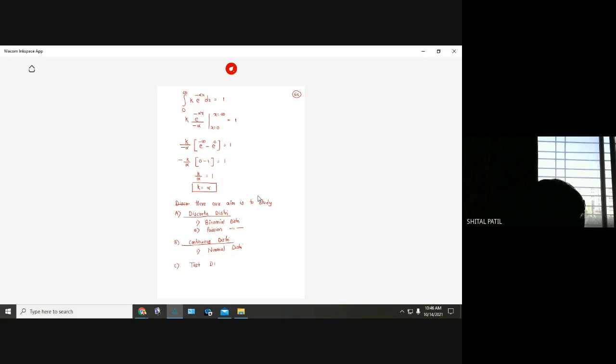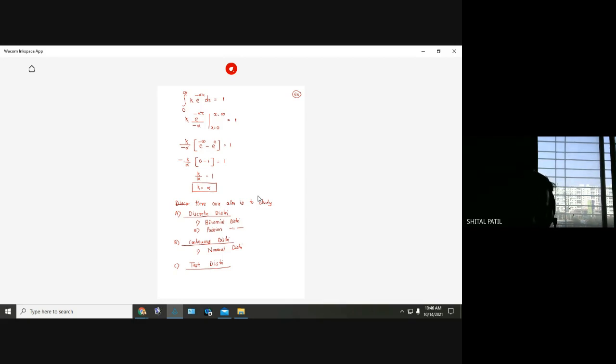Test distribution. Test distribution means whenever we want to test something, our claim, for example, I will pass the engineering mathematics 3 exam, whether the exam is in online mode or offline mode, doesn't matter. This is the claim, known as the null hypothesis, and the alternate hypothesis H1: the exam may be in online or offline mode, it is clear that I will fail M3.